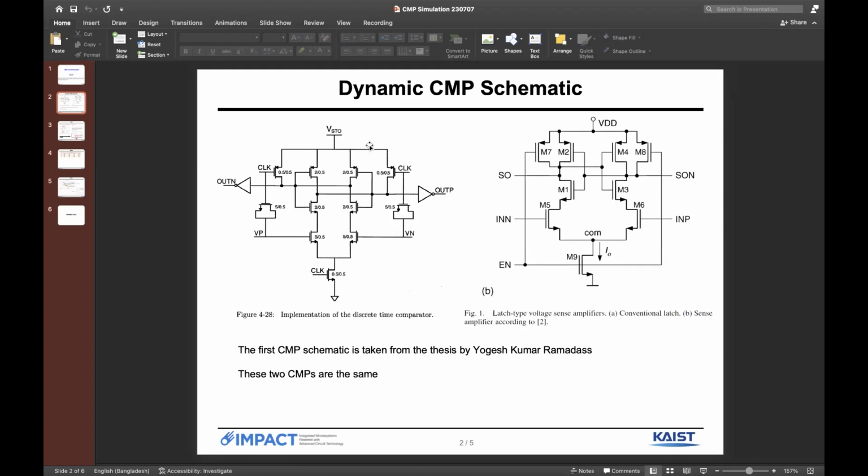The dynamic CMP schematic on the left-hand side was from the thesis from Yogesh Kumar Ramadas, which we simulated earlier in the spring semester. This is the comparator circuit in the paper we are working on now. These two comparator circuits are actually the same, even though there are some extra MOSFETs in the first one.